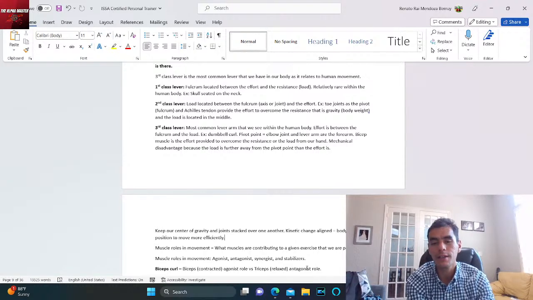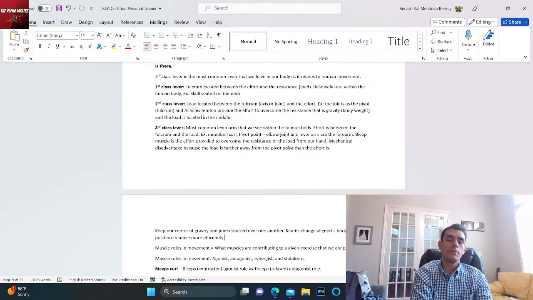If the kinetic chain is aligned, then the body is in position to move more efficiently.